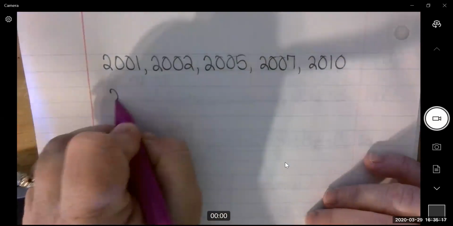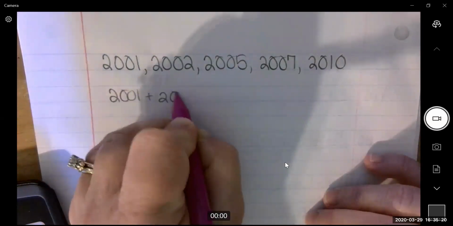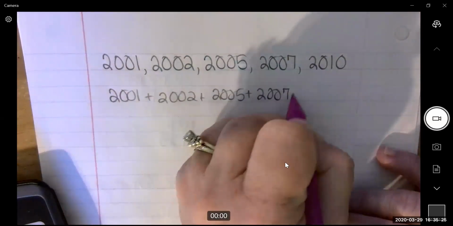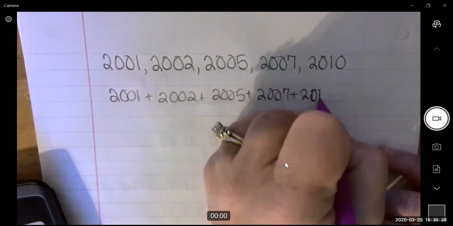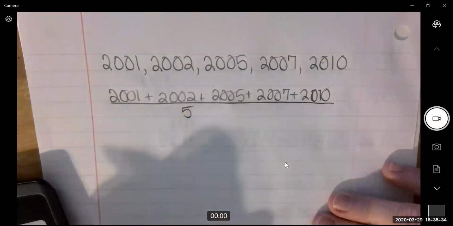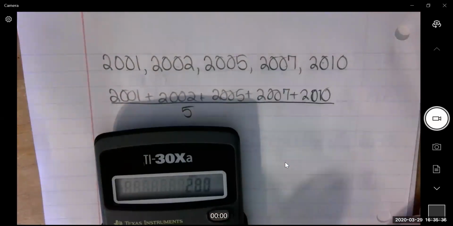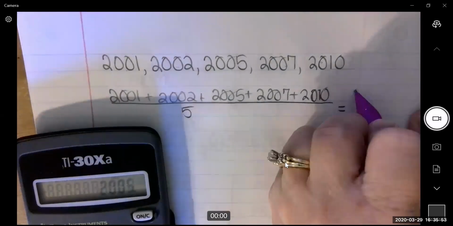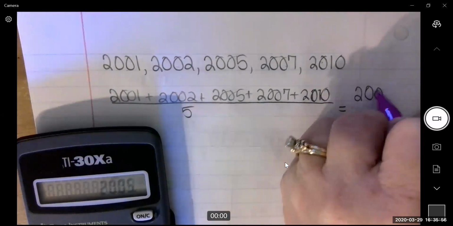So we're going to have 2001 plus 2002 plus 2005 plus 2007 plus 2010 divided by 1, 2, 3, 4, 5 again. And we want to divide that by 5. So the average is 2005.